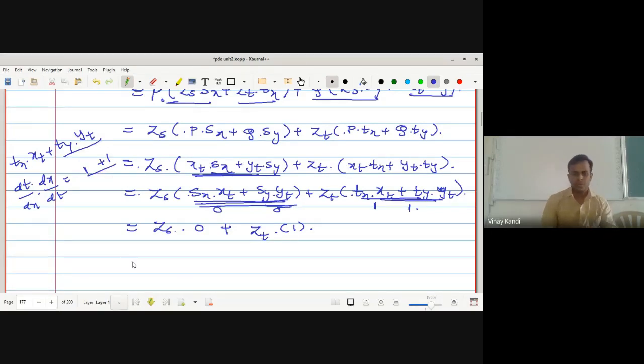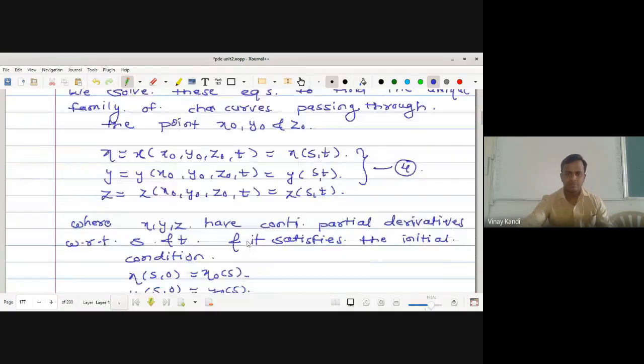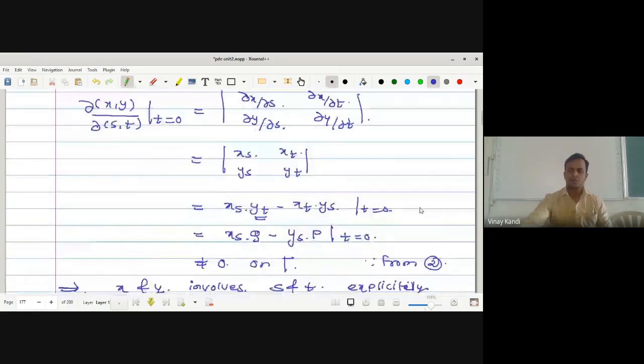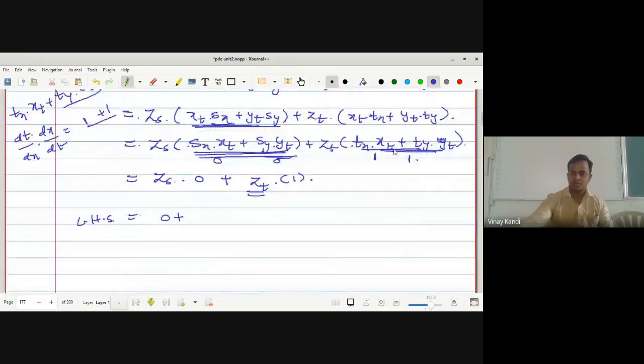zt of 2. The left-hand side is 0 plus, what is zt? I took it directly from the textbook: zt is equal to, from this equation, dz by dt. dz by dt is nothing but r of x, y, z. How this 1 came, I will tell later. So this is zt.